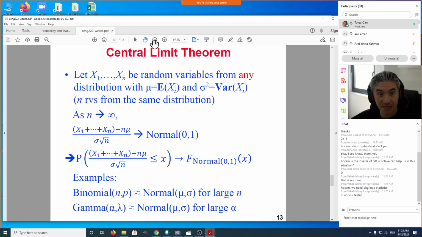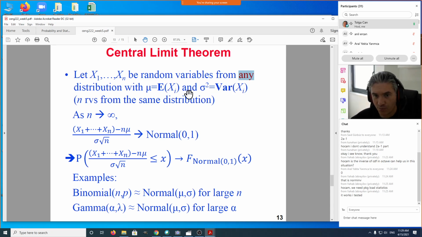And this is really important. This is the key part. Any distribution. They don't necessarily have to be normally distributed.